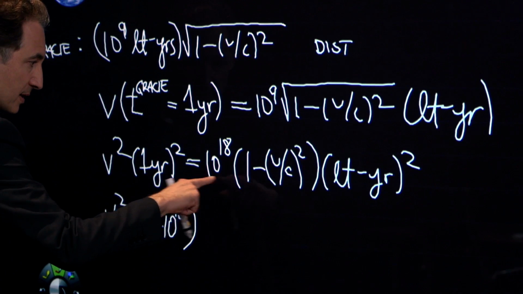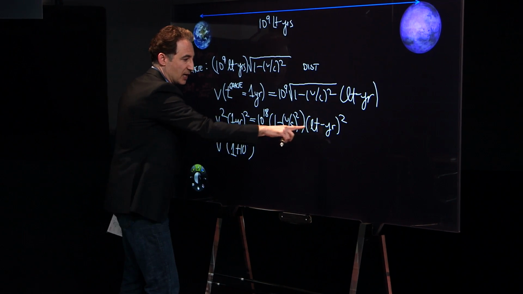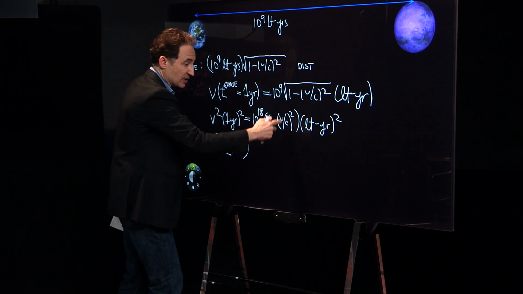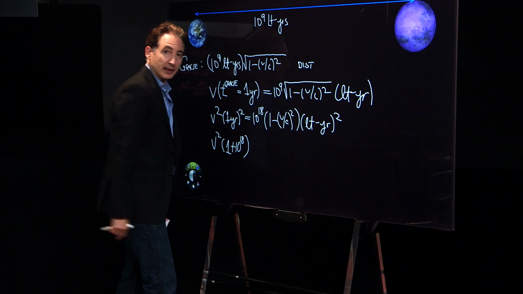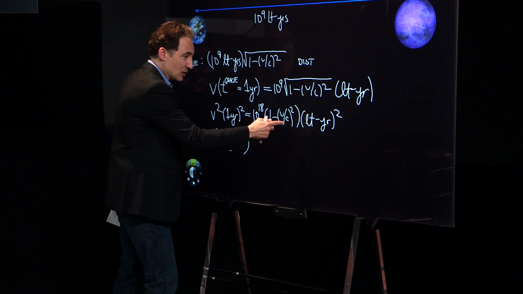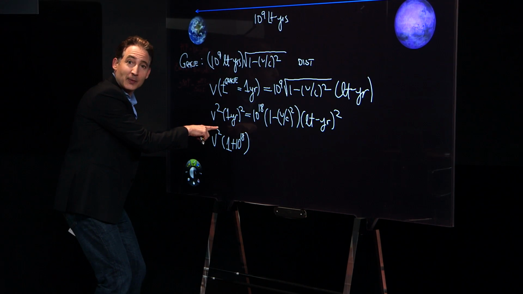So that's this guy over here. And the role of the c over here is just to change these units. So c is 1 light year per year. So when you take c squared, multiply by light years squared, the net result of that is to give us a year squared, which is exactly the right units that we have over here.